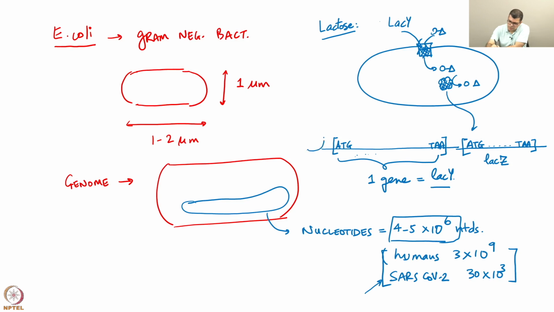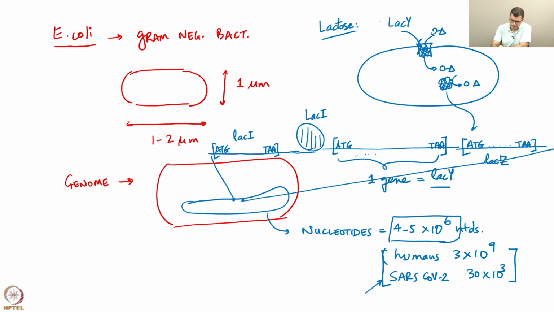Similarly, there was a protein called LAC-I which bound to the region upstream of LAC-Y and LAC-Z and stopped transcription when lactose was not around. This is again encoded at another location on the genome, ATG, TAA, and this gene is called LAC-I. You can think of these as zoomed-in versions of some part of the E. coli genome, where if I zoom in, I see this particular gene sequence. So, this region of E. coli corresponds to these 3 genes.